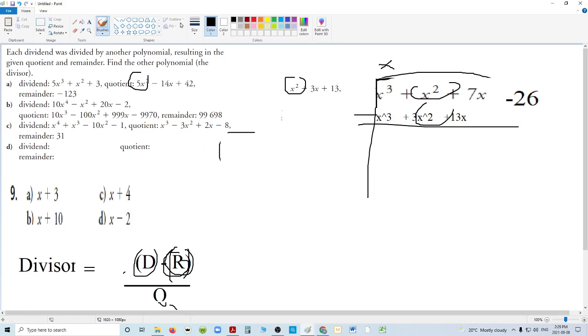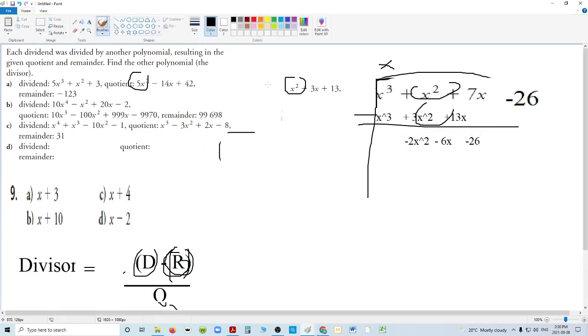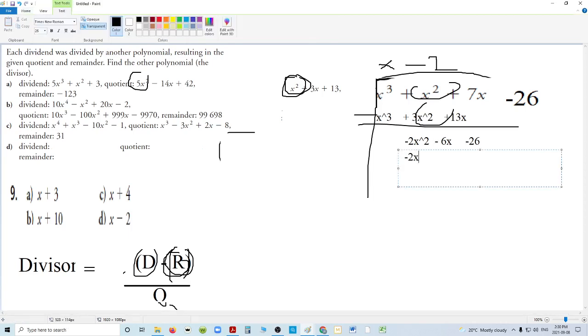x squared minus 3x squared is minus 2x squared. You can pretty much see what the number is going to be right there. 7x minus 13x is minus 6x. And then you got to bring the number down, minus 26. So what number do I have to multiply x to make it into negative 2x squared? Negative 2. And just to make sure, I'm going to multiply the negative 2 times all my stuff on the left, all my divisor.